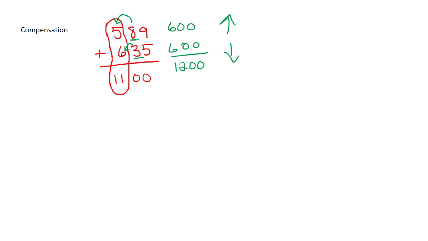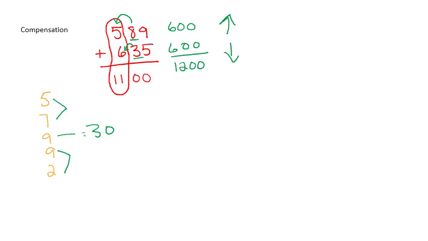So this might be useful if you have a batch of things, and let's say you've got 5, 7, 9, 9, and 2. You might be able to do a quick eyeball and say, well, that's 10, and that's 10, and that's 10.